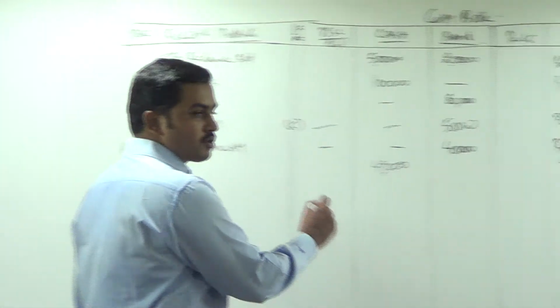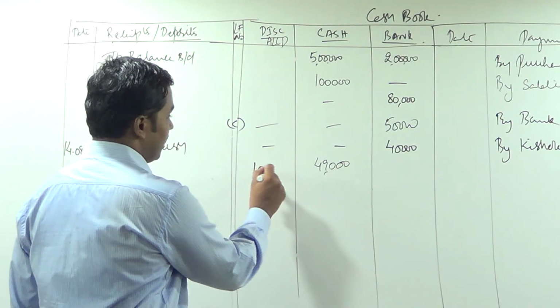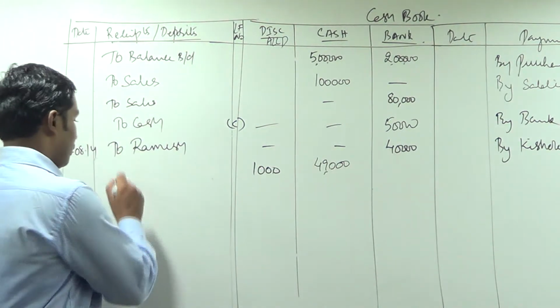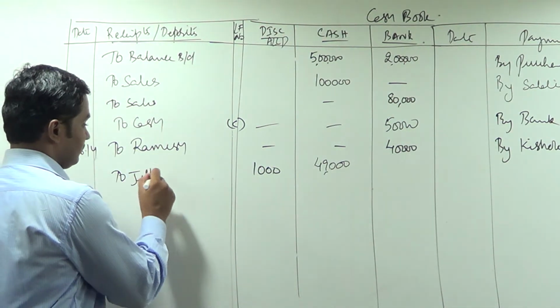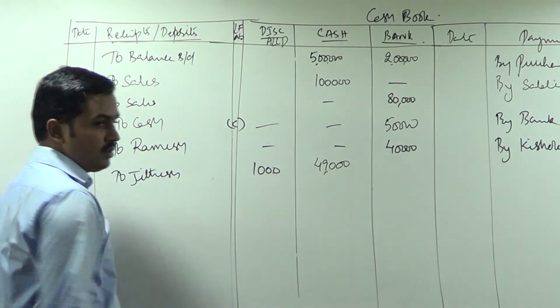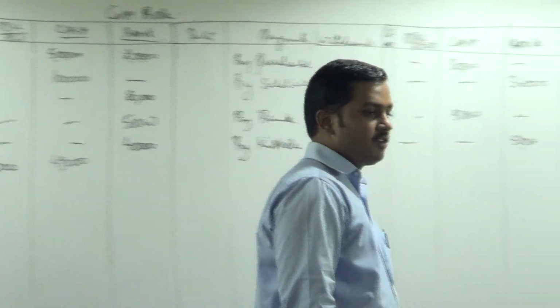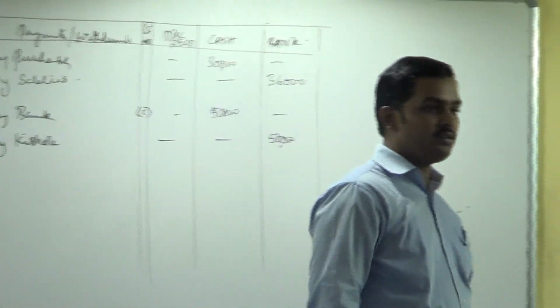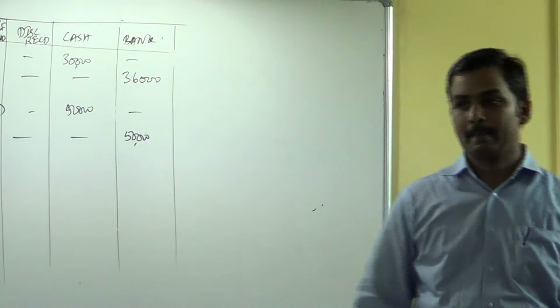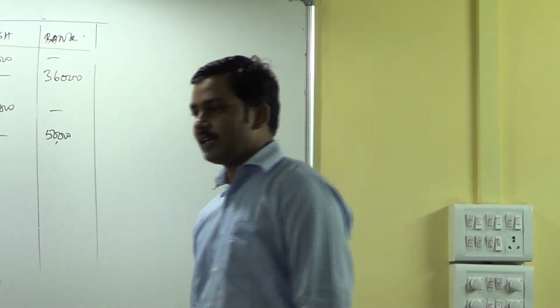And we have suffered some loss also, no? Yes. Discount allowed 1000 to Jitesh. 50,000. Jitesh account will be credited with 49,000 and 1,000, 50,000. Correct? Yes. Next transaction.